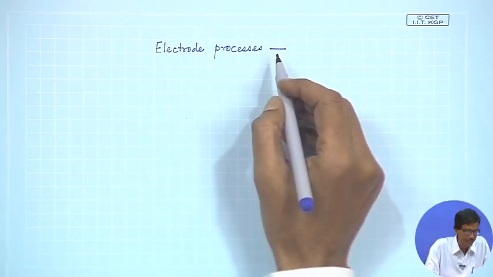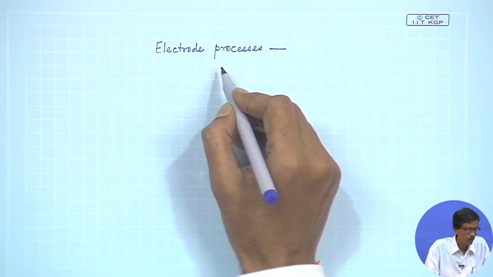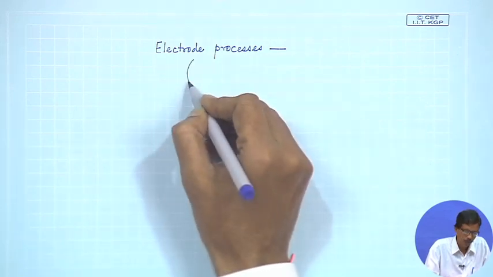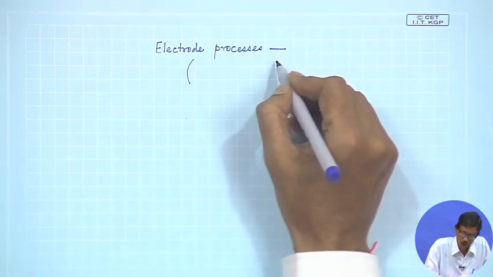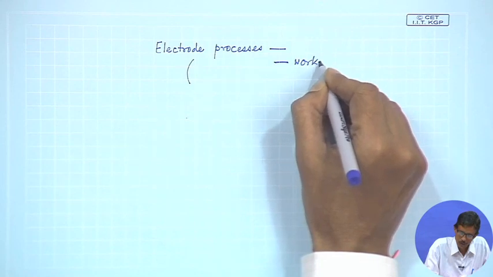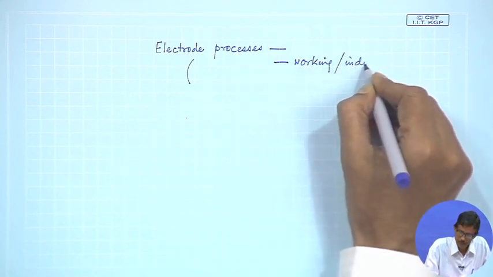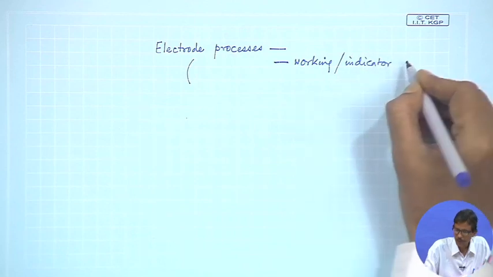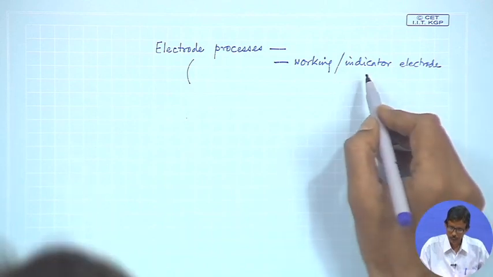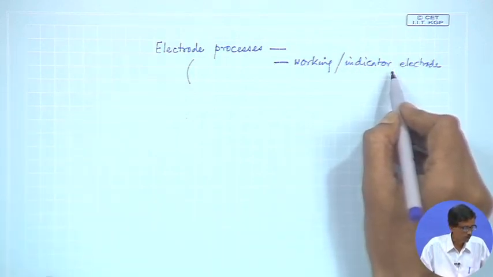So, the voltammetric techniques are basically very important to understand the corresponding electrode processes, and these electrode processes are based on where we have the working or indicator electrode. So, we want to study whatever thing is happening at that particular working electrode, and that is very important.